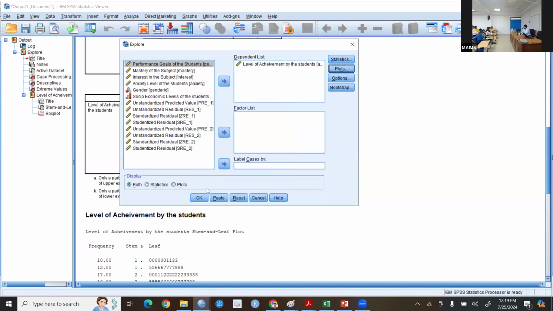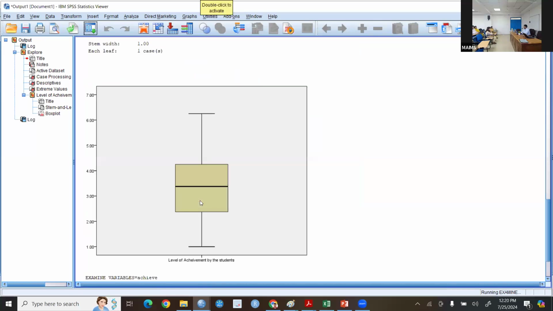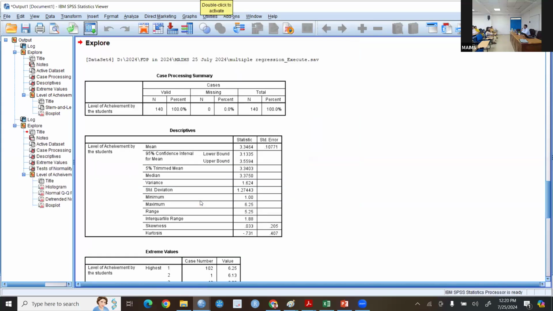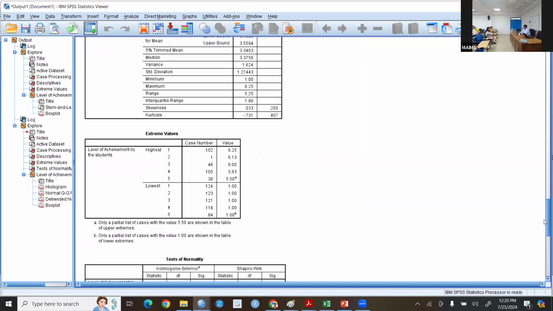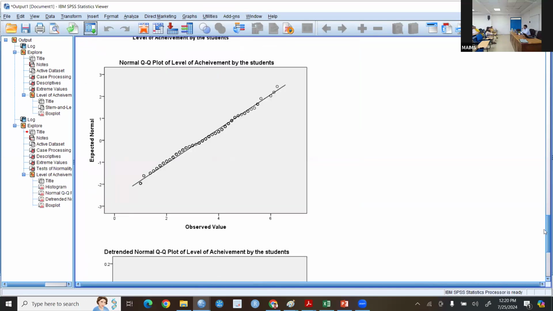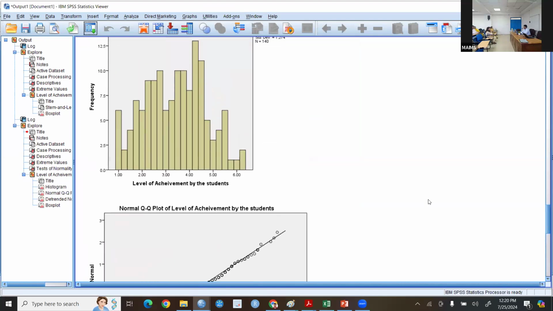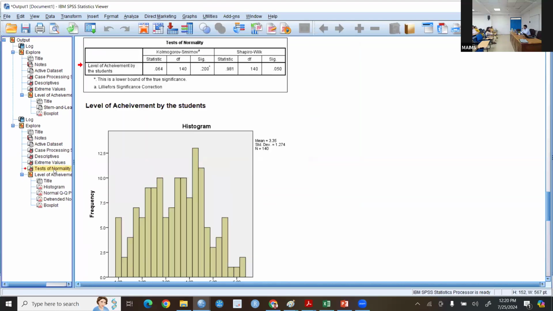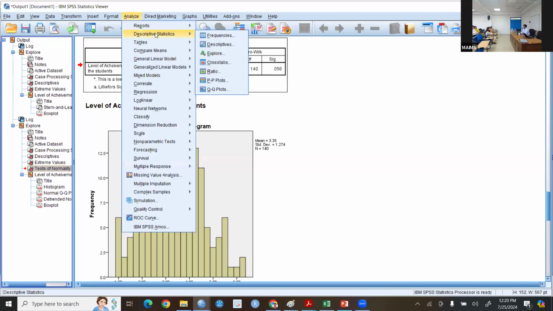So continue. Here we will shift our base. If you see, the mean values and other things are there, but look at the KS test. What is the p value of the KS test? Go to analyze, go to descriptive statistics, go to explore.